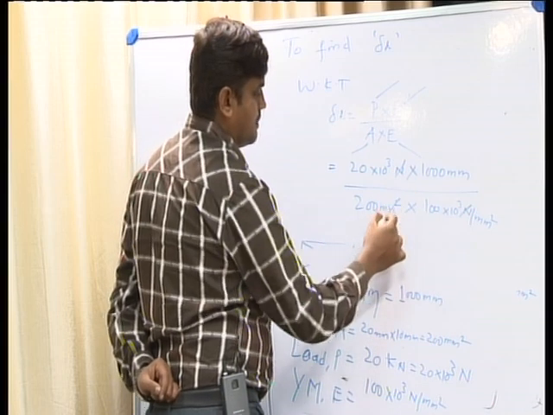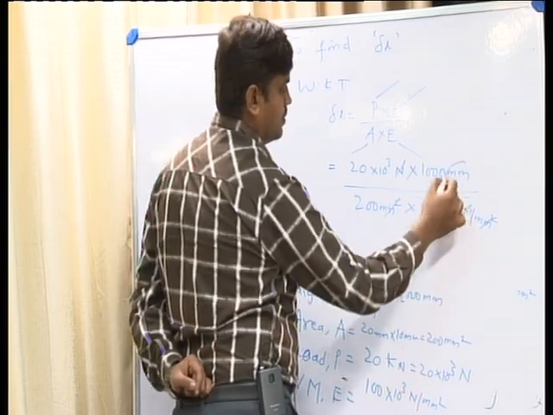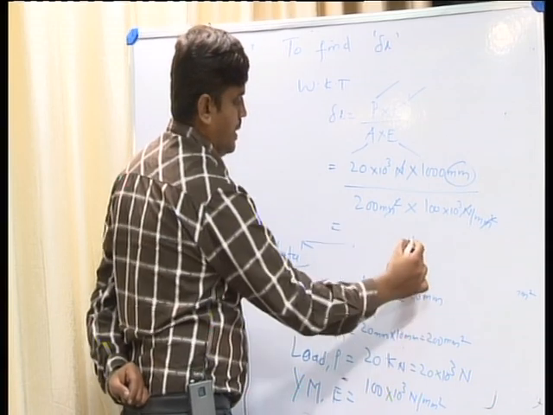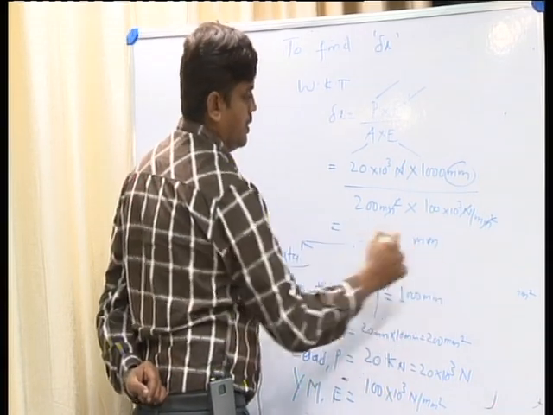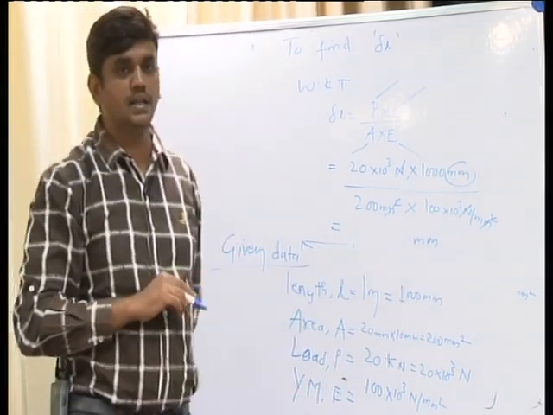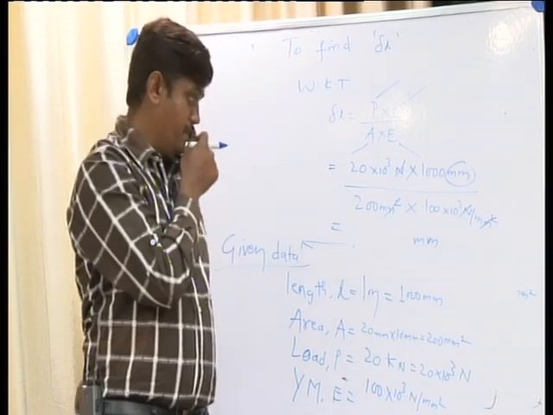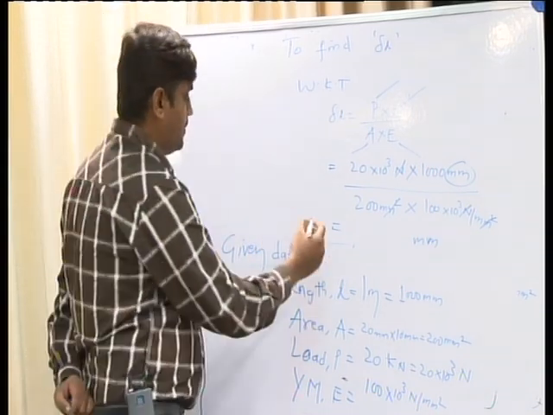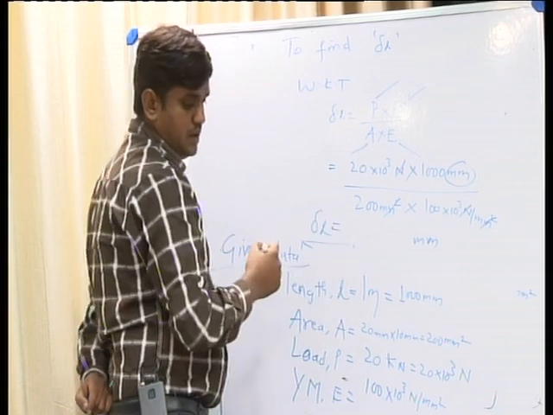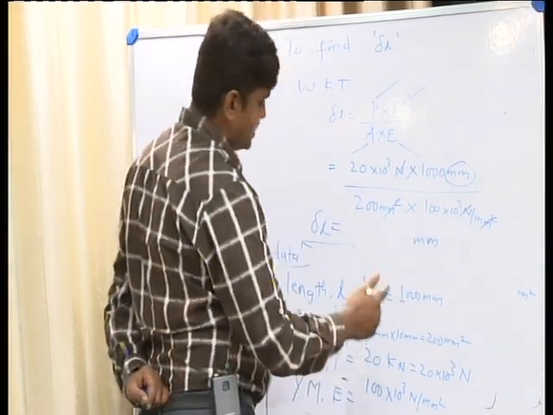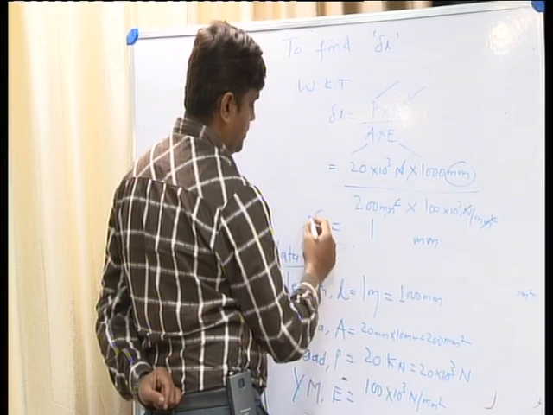Newton gets cancelled, mm square gets cancelled, so we remain with the unit mm. The unit of change in length delta L is mm. After simplifying, we get delta L as 1 mm.